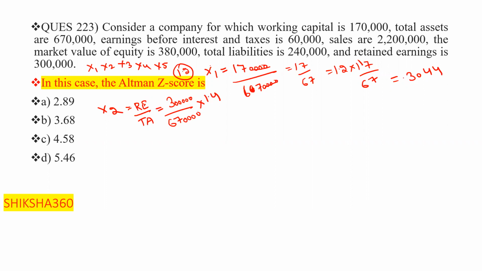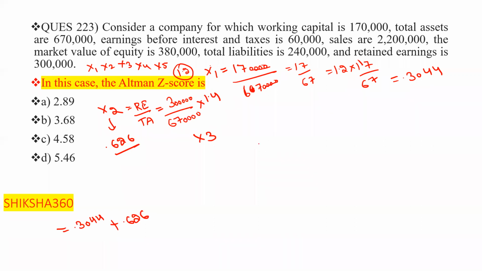So 3 lakh divided by 6,70,000 into 1.4. That we will get as 0.626. I will write here x1, 0.3044, plus x2, 0.626.